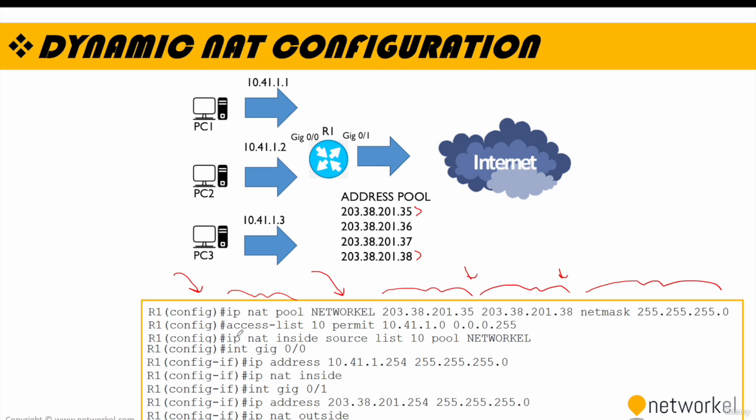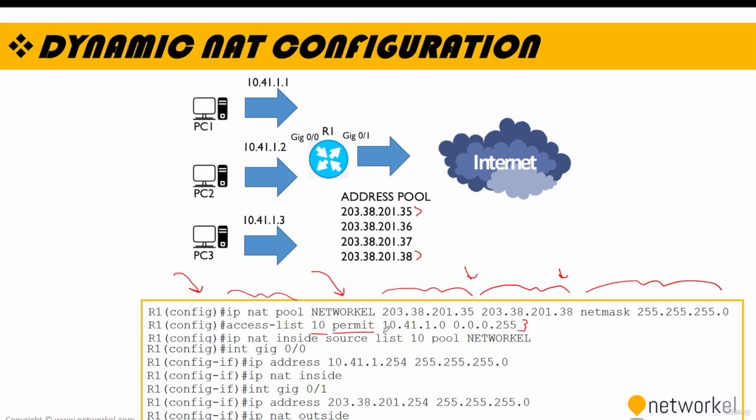Then I am creating an access list. Access list 10 permit, and I am defining my internal network IP address space. Remember, when you type a condition like this, 10.41.1.0 with this wildcard mask, that means just have a look at the first 3 octets.